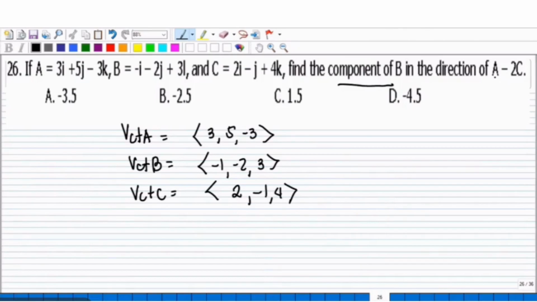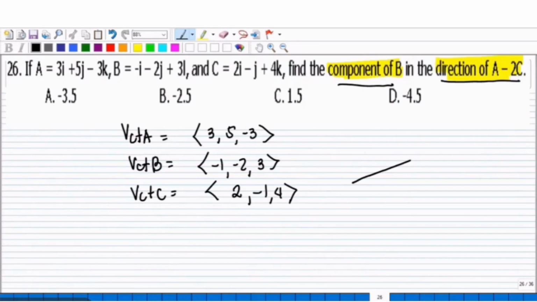Okay, find the component of B in the direction of A minus 2C. Okay, so in the direction of A minus 2C. Okay, so anong gagawin natin? Component of B, okay, na nasa direction ng A minus 2C. Okay, parang ang ginawa lang natin dito is that nag-project lang tayo.